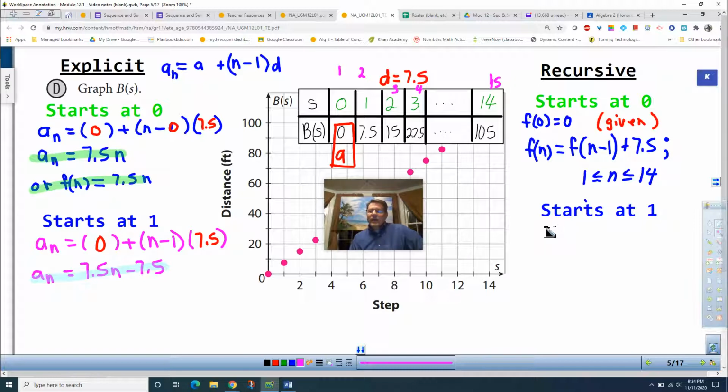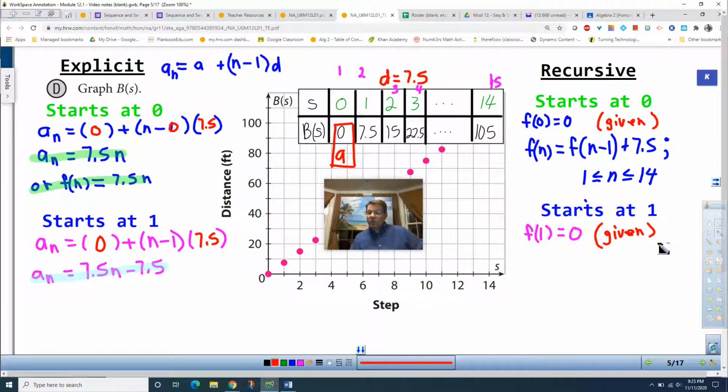Again, you're going to have to be told where to start, and in this case f of 1 is still going to be 0. We might count the floor as step 1, but it's still 0 inches off the ground. Again, that is given information. You're either straight out told, or you have something to figure it out with.